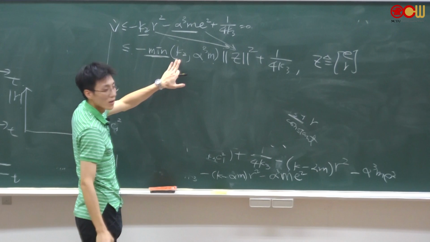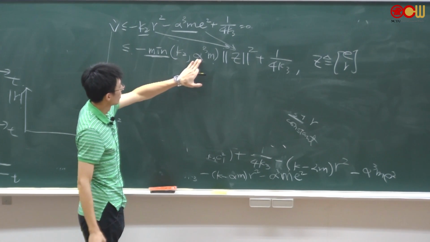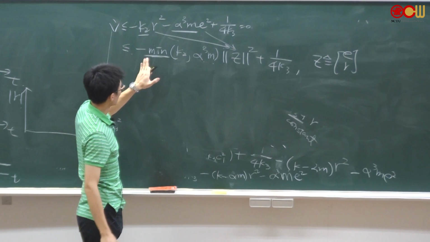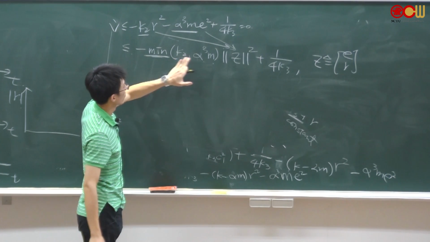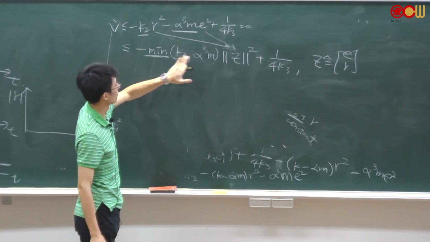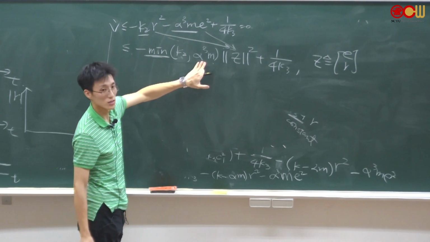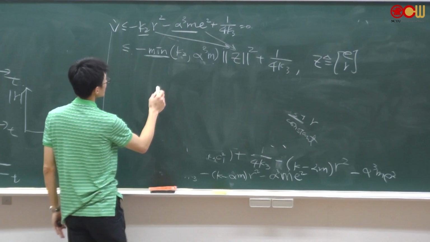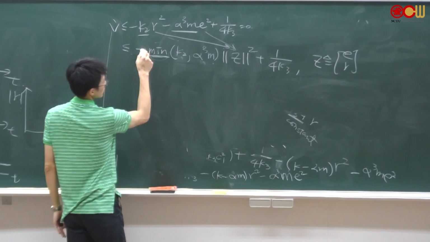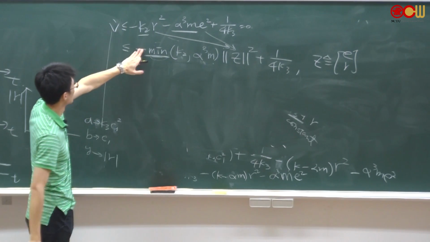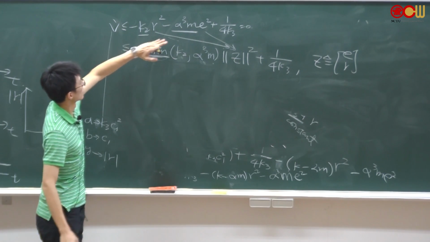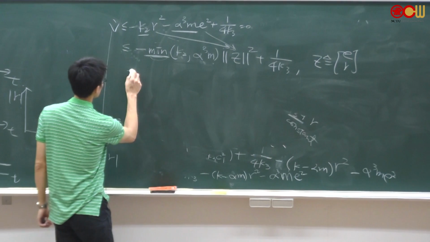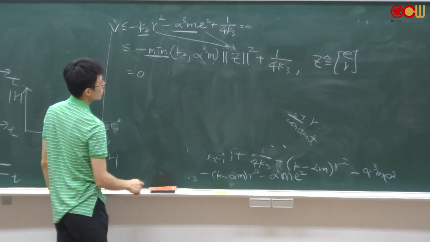Okay, you compare the two, and if this one is smaller than this one, in the whole term you choose the minima one. Okay, you choose K2. If this term is smaller than K2, you choose this one. Do you understand? And you put minima because there's a minus here, so that you can upper bound this inequality. And we put this one to be 0.